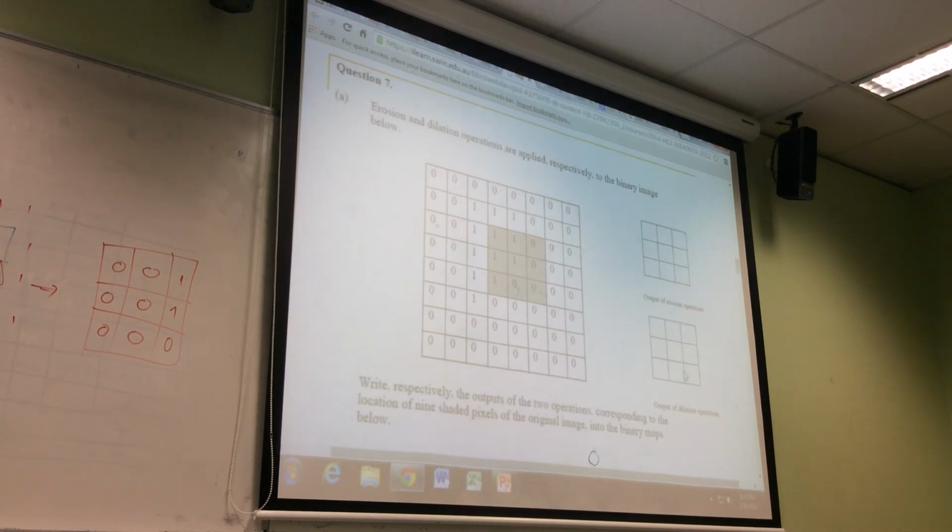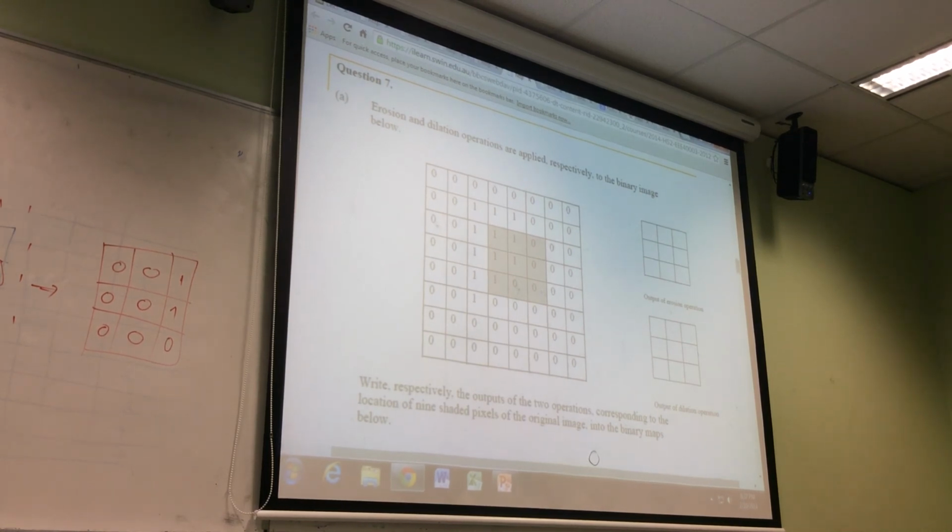Erosion is here and then dilation is here, not at the same time. Output of erosion, output of dilation, separate. Not mixed like opening or closing. This one is one, and the other is two.